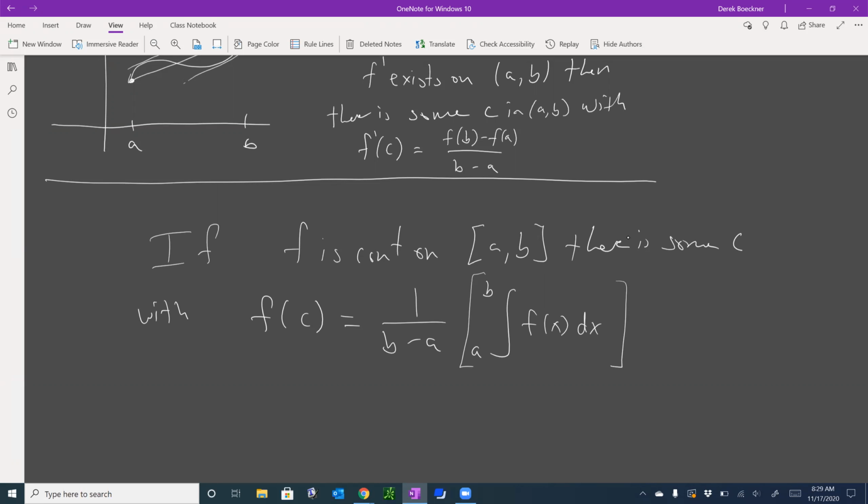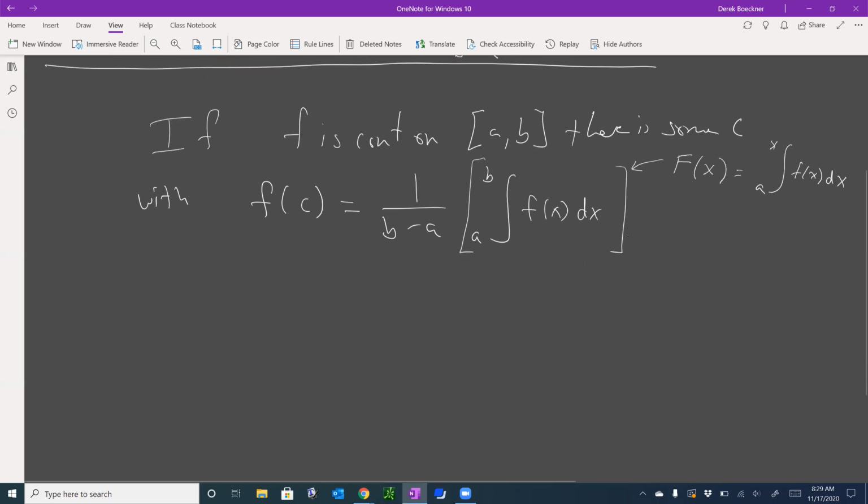Okay, why is that? Well, if I think of this function here as capital F, we're going to go from a to x of f of x dx, right?